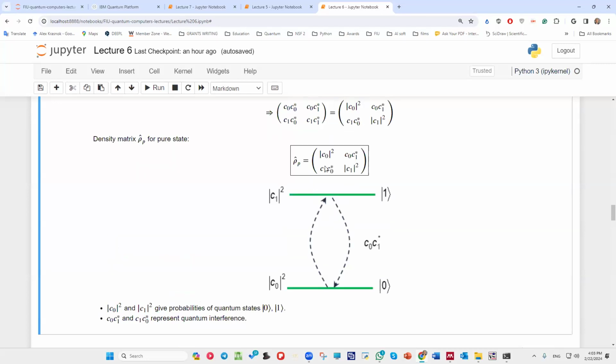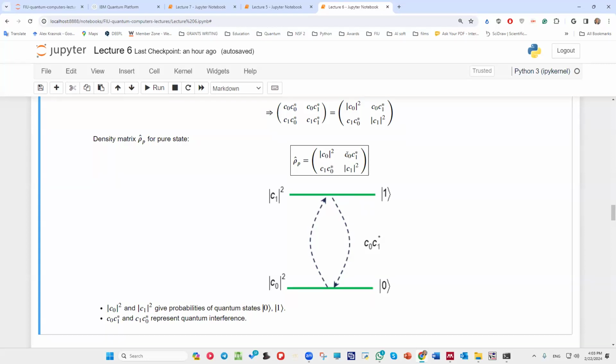matrix. And a few words about the coefficients. Coefficients 1,1 and 2,2 are probabilities of finding the system in state 0 or state 1, respectively.